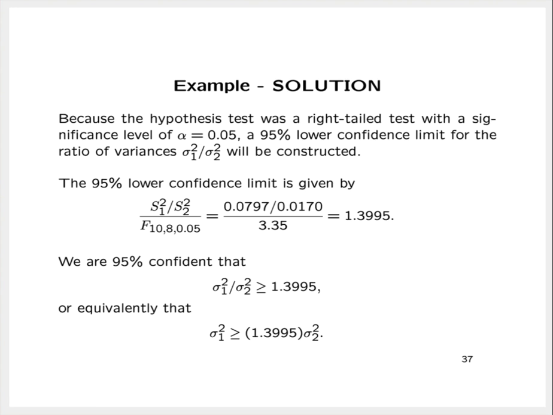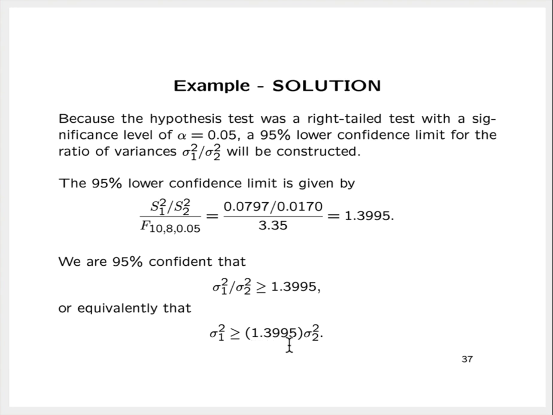Another way to say that would be to multiply both sides of this inequality by sigma 2 squared, and so we're 95% confident that the variance of population 1, the variance of the weights of peanuts being dispensed by the machine without the control device, is at least 1.3995 times larger than the variance of the fill weights by the machine with the new control device. And so if all we're looking for is sigma 1 squared being greater than sigma 2 squared.